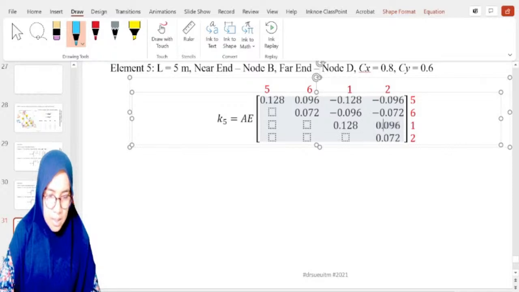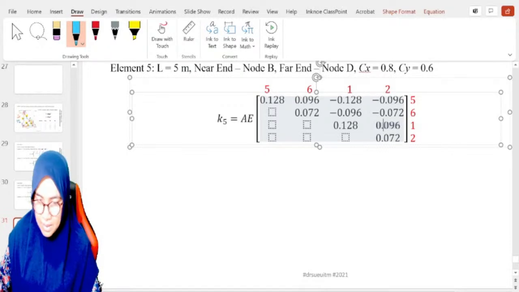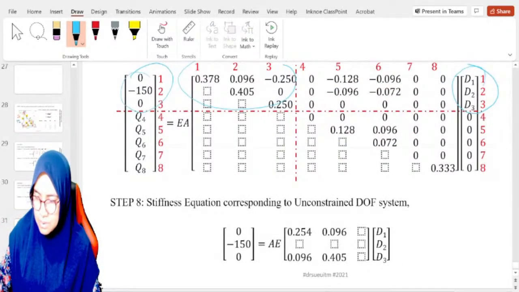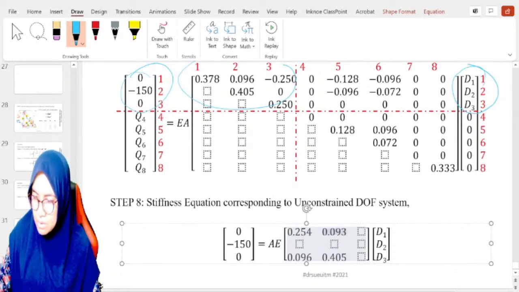It is negative 0.093. Negative 0.093. So focus on the below part only.